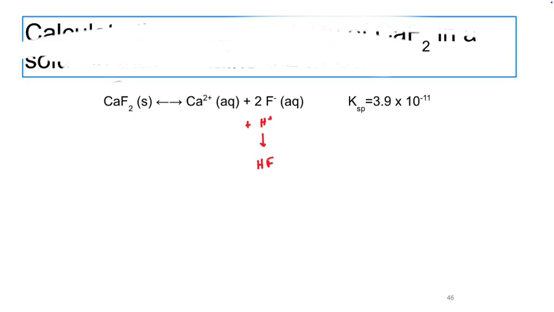What if we looked at the solubility of calcium chloride? Would I get the same effect here? Yeah, absolutely. You would decrease the concentration of chloride in this bottom case, just like we decreased the concentration of fluoride.